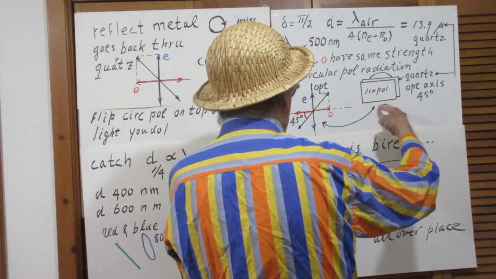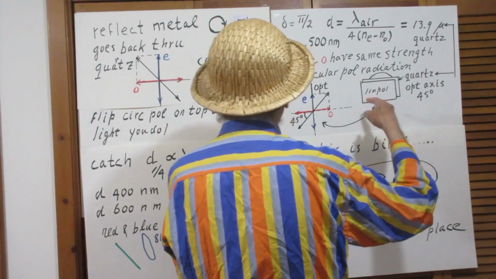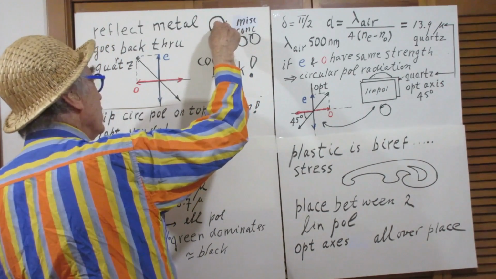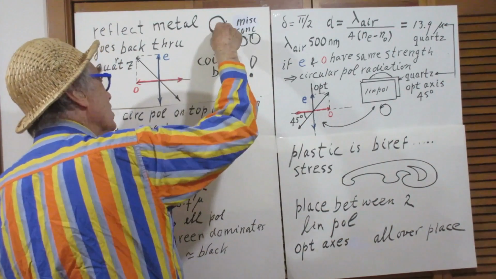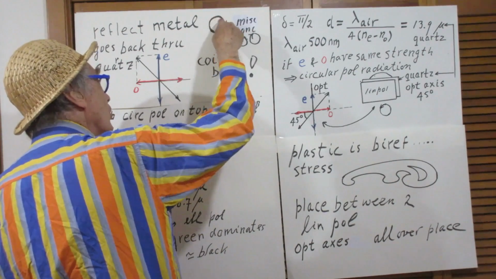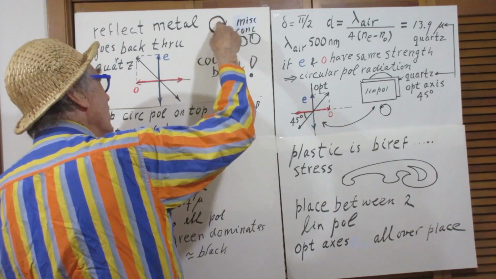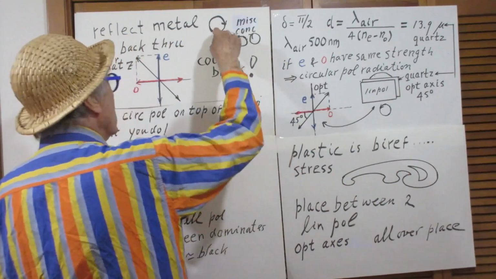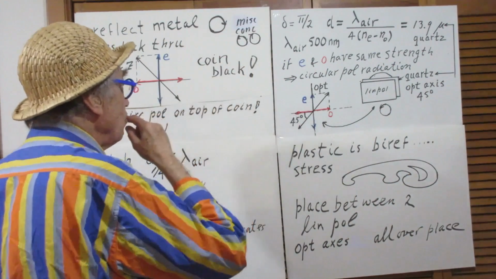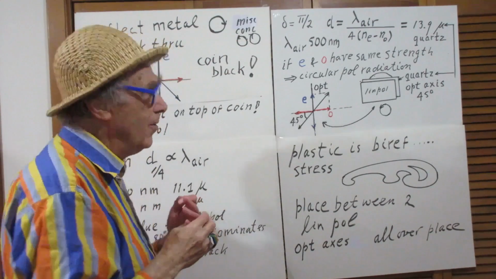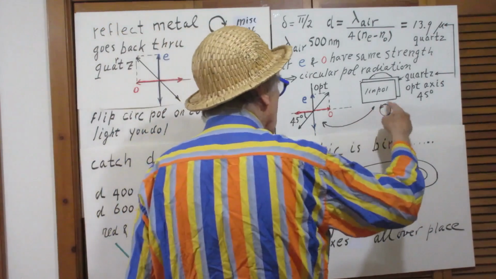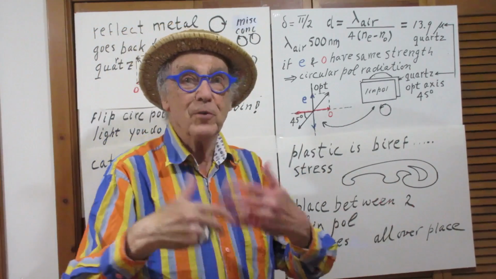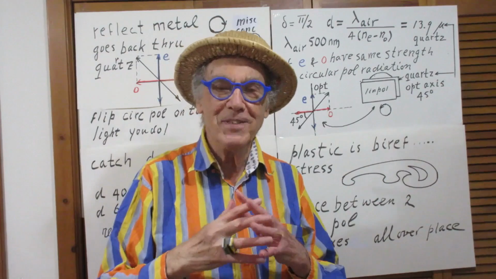if this is the circular polarization that comes into the coin, when I look in the direction of the coin, the circular polarized light that comes back at me, that comes back right from the metal, is in this direction. Many of you think now that this circular polarized light and this circular polarized light interfere with each other and that the net result is zero.